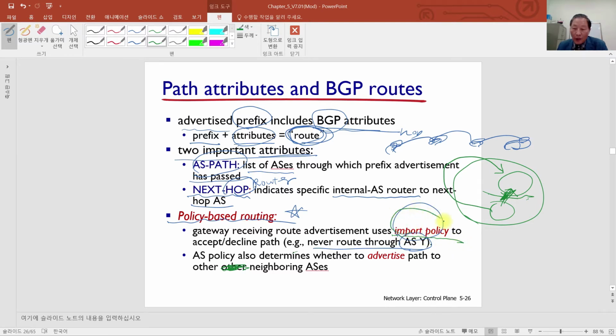Depending upon the import policy, if the policy is like this, never route through autonomous system Y, then we cannot go through that. For security issues or for many other reasons, we can decide that policy. Thus, this is done by policy-based routing.